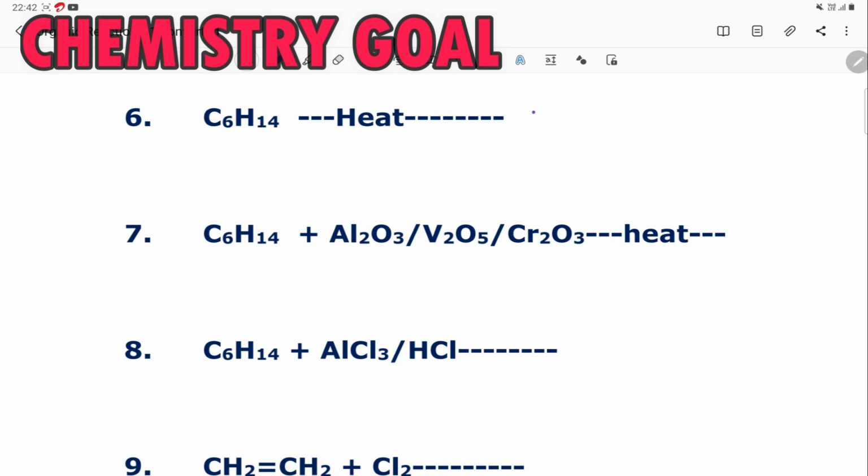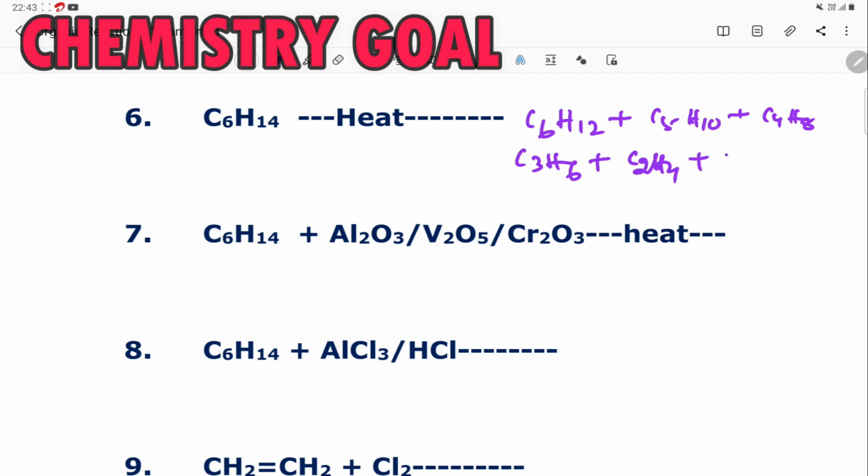Your products may be C6H12, C5H10, C4H8, C3H6, C2H4, maybe methane and hydrogen also produced. These are your alkenes: hexene, pentene, butene, propene, ethene and methane. These are the different products, a mixture of products is formed.